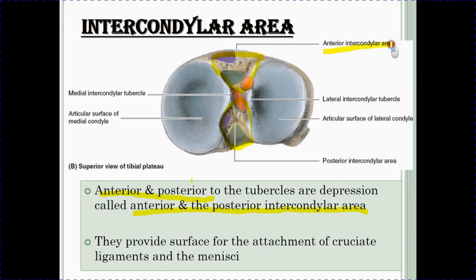These are actually depressions present anterior and posterior to the tubercles. These areas provide the surface for the attachment of cruciate ligaments and the menisci of the knee joint.